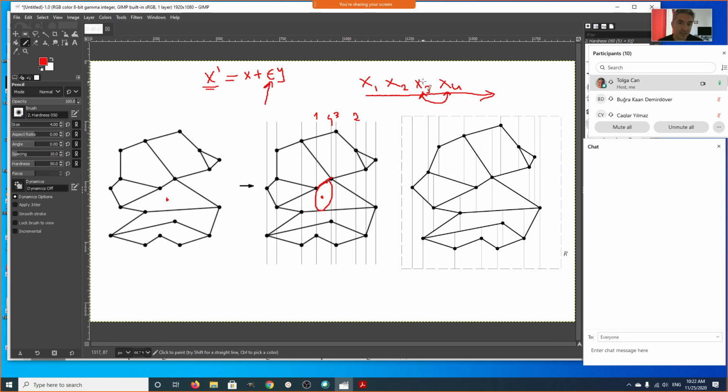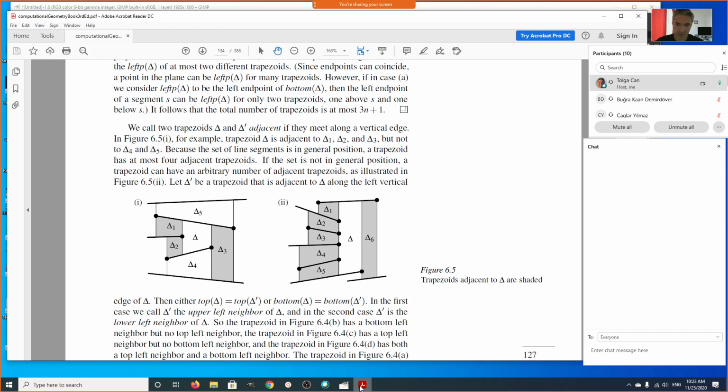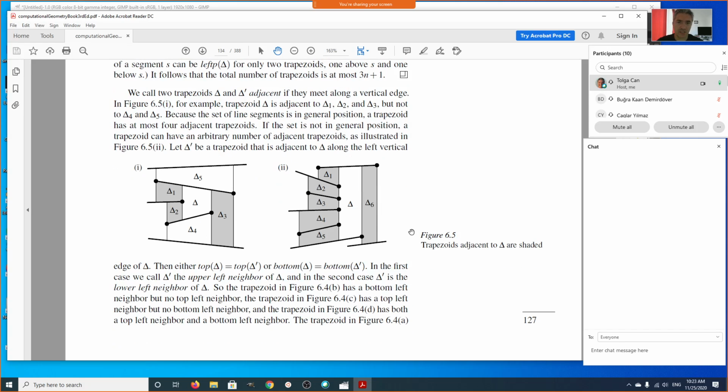I mean, if x4's y coordinate is much higher than x3's, it may be possible that when you order them with x prime, their order is going to change. We don't want that. Without changing the original permutation of the vertices, what is the maximum epsilon that you can apply on this subdivision? That's a sub-problem that you may try to solve, and actually it's solved in one of the sections, but I'm going to skip that part.